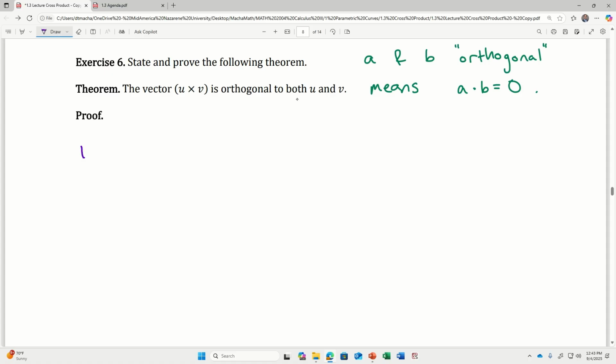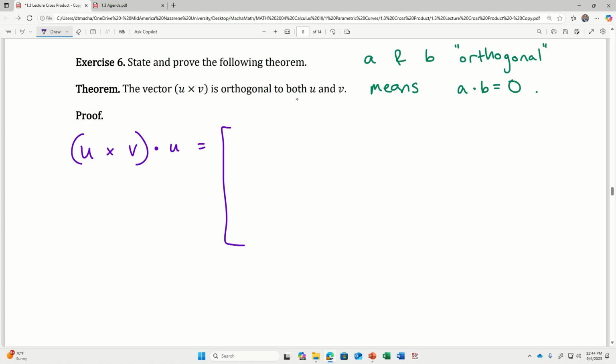I would check to see if u cross v dot u is equal to 0. And if u cross v dot u is equal to 0, that means the cross product is at least orthogonal to u.